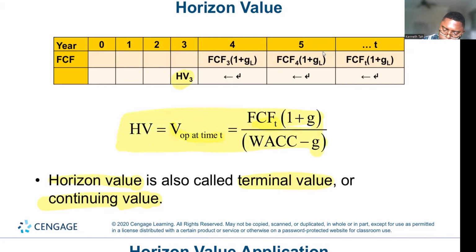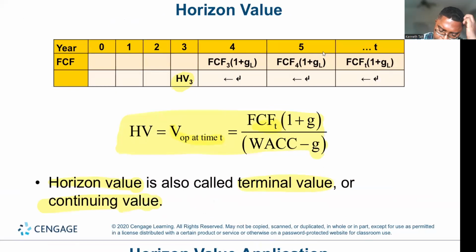This is the formula we used before, but we were calculating the value of operation at 0. Now we can calculate the value of operation at year 3 that will capture the free cash flow for year 4, year 5, year 6, up to infinity.